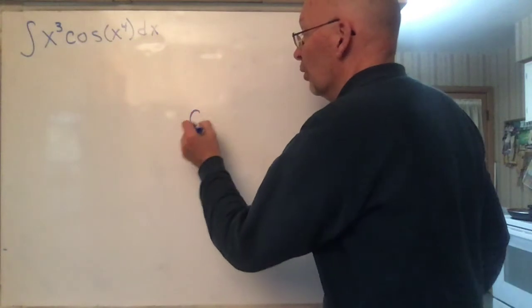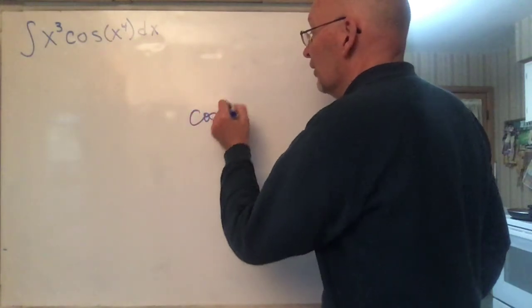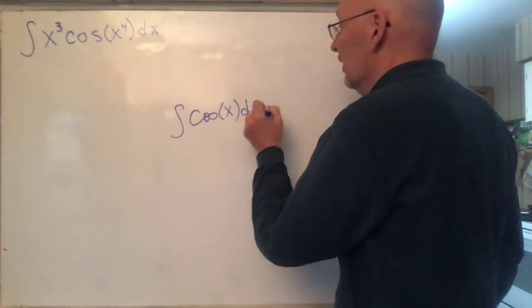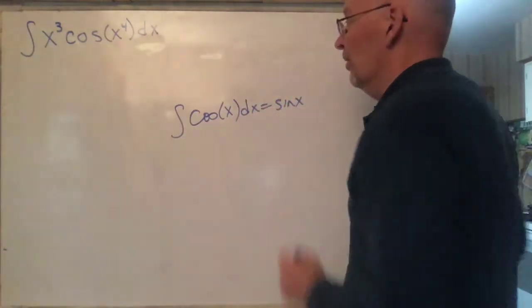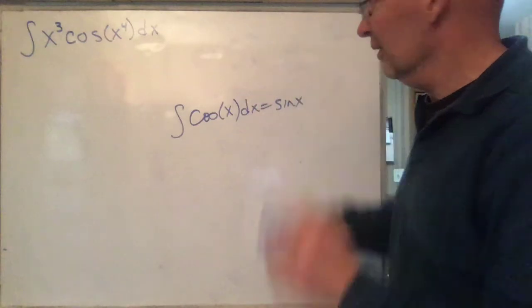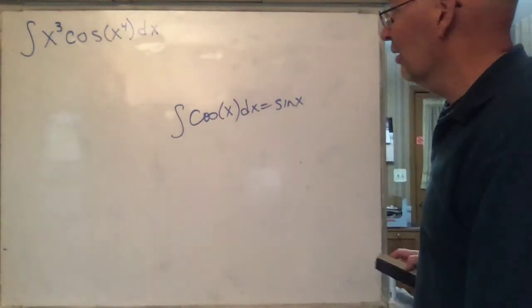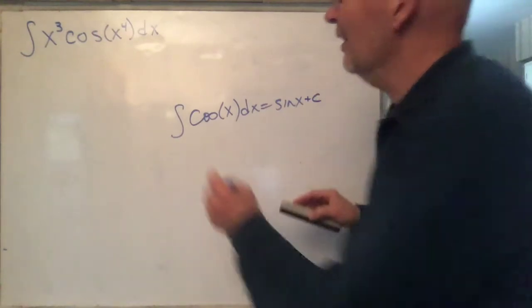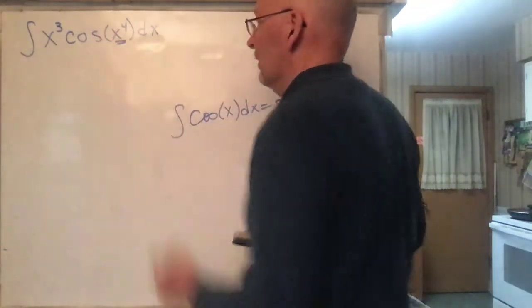If I just had the cosine of x and I asked you the antiderivative of that, that's easy. That's the sine of x. But as soon as you have an x to the fourth in there, that blows that all to smithereens. So no good at all.